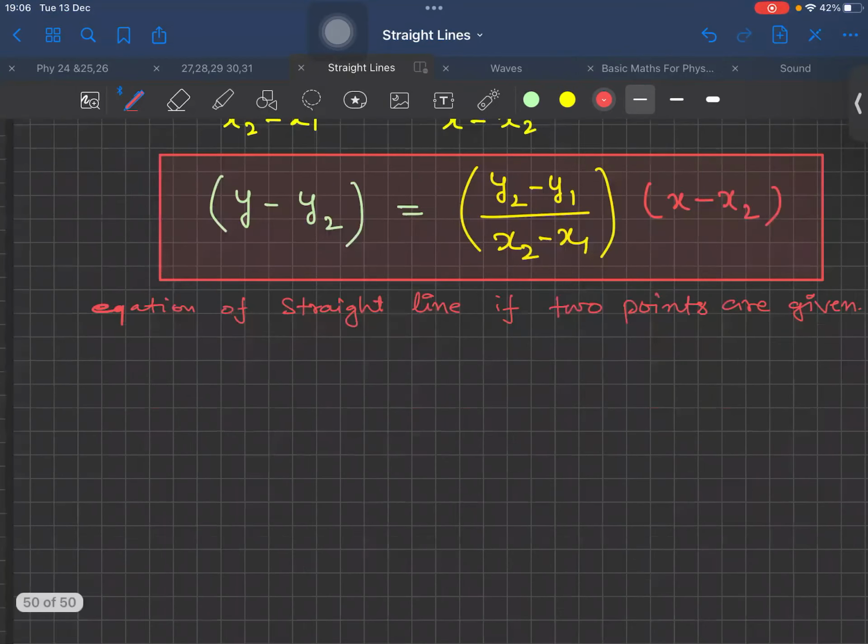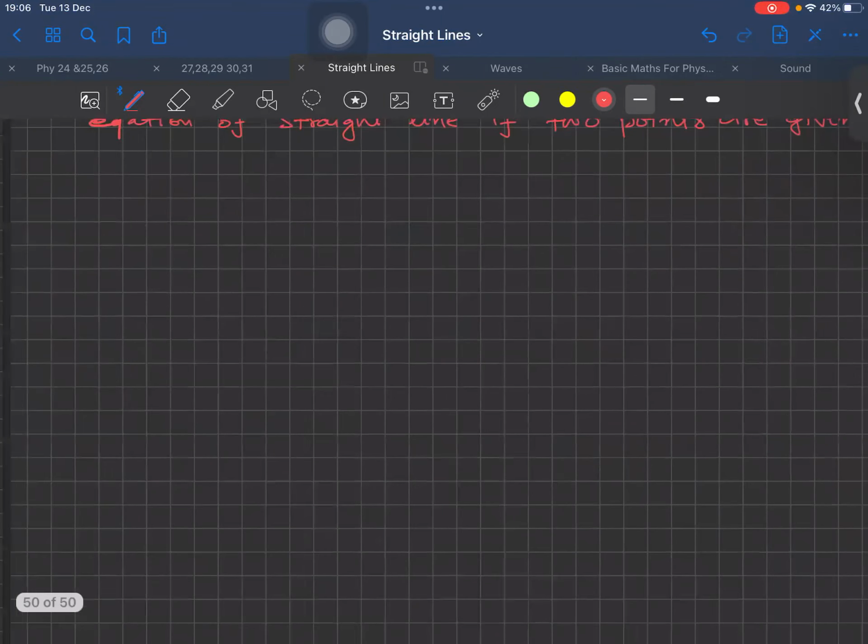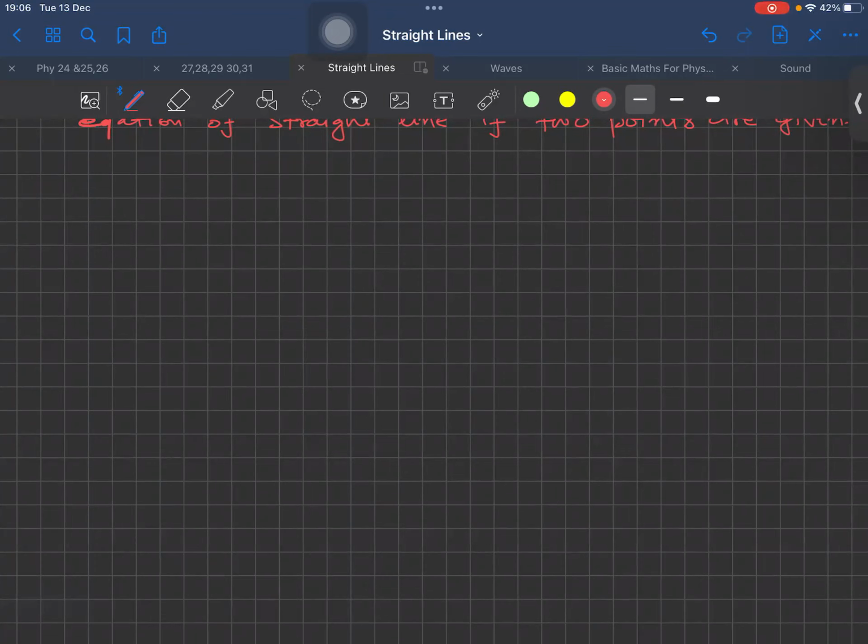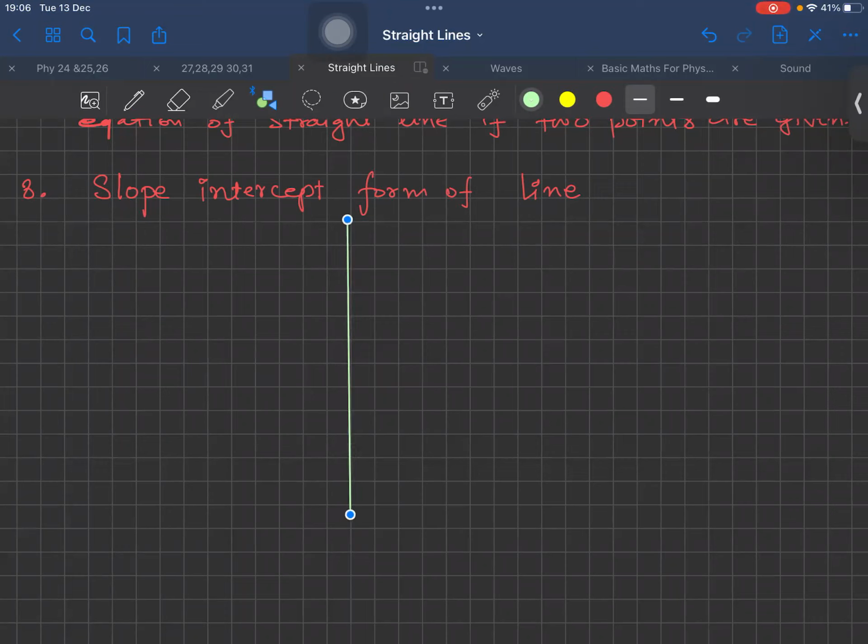Now, what else have we learned? There is the slope intercept form. So the 8th one is slope intercept form of a line. Now, what do we mean by that? Let's say this is y, x, and there is some line like this.